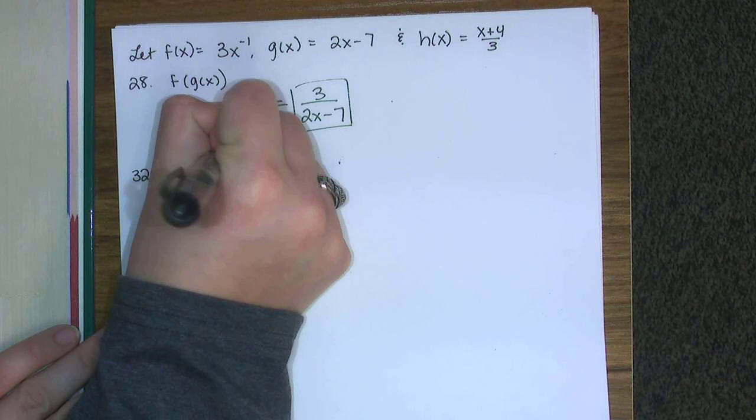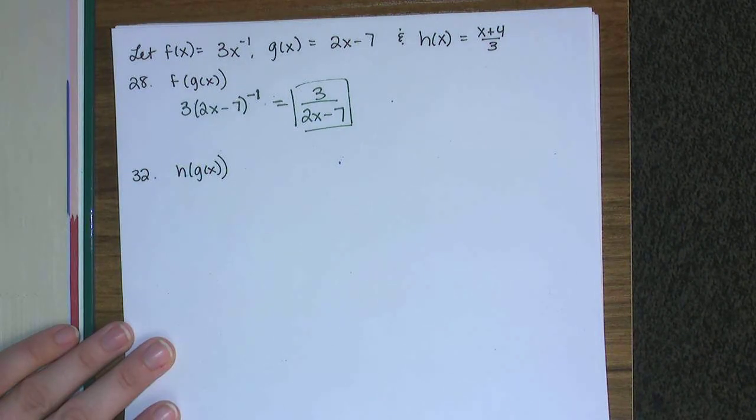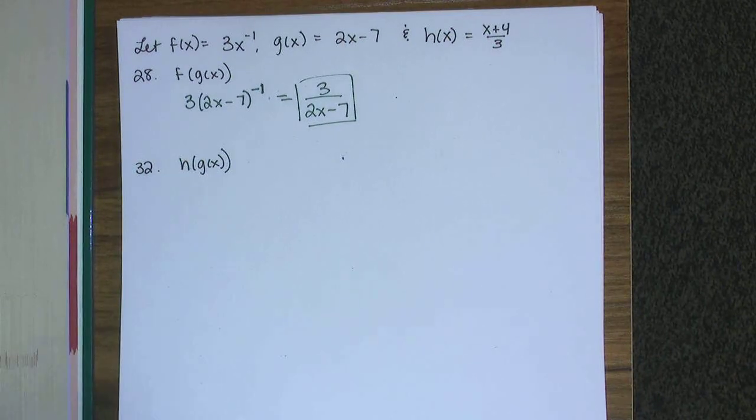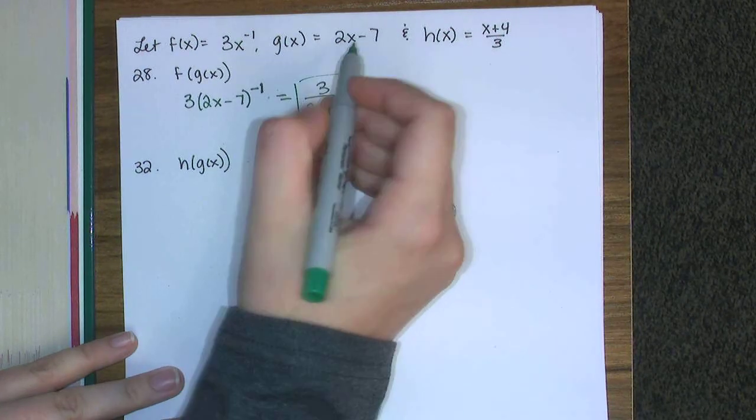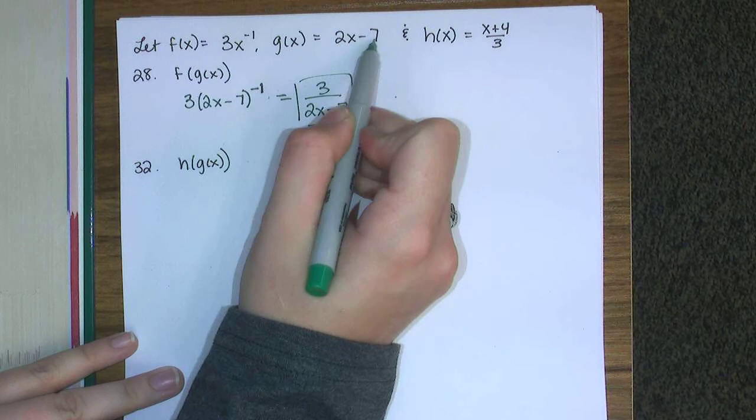So, h of x is x plus 4 over 3. So x is really this g of x value, so 2x minus 7. And I'm going to keep it in parentheses, okay, because I need to keep up with my signs and everything at the moment. So 2x minus 7 plus 4 all over 3.